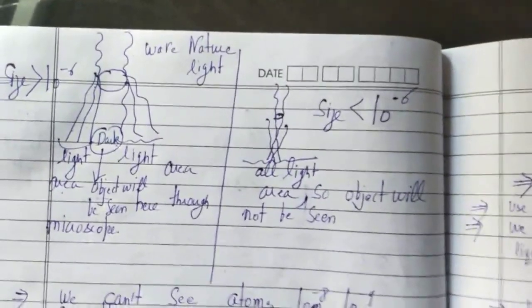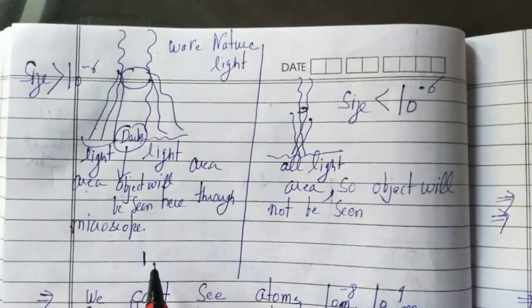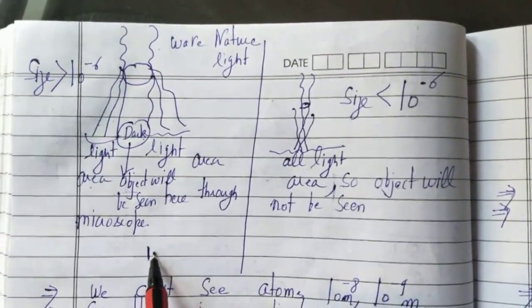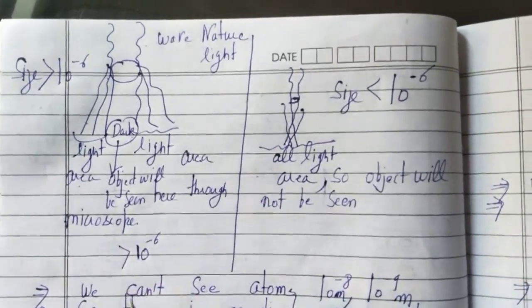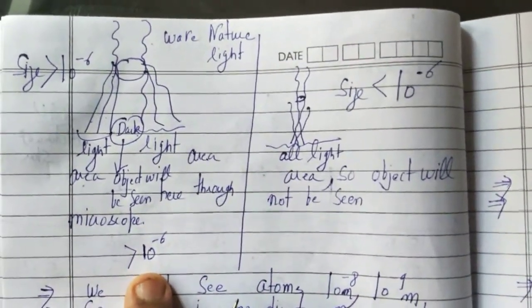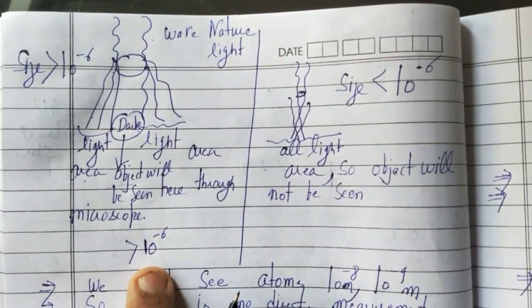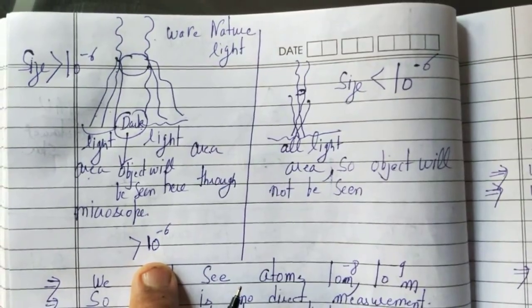So it is clearly indicated that we can see under a microscope the objects whose size is greater than 10 to the power minus 6. If you place an object whose size is less than 10 to the power minus 6, we will not be able to see it under the microscope.